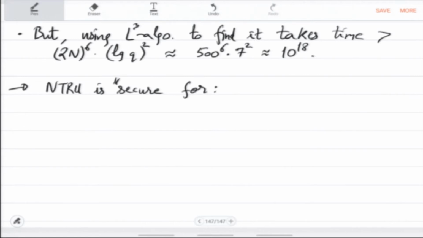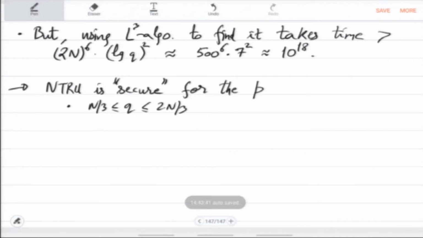Take q to be around n. So in practice it is taken between n by 3 and n by 3.